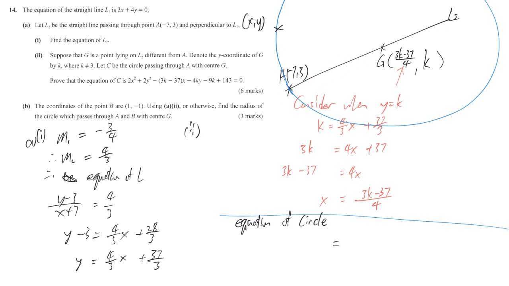So we compare x, y with the center. That's why we write x minus. And then it's equal to the radius. We compare a center with a fixed point.